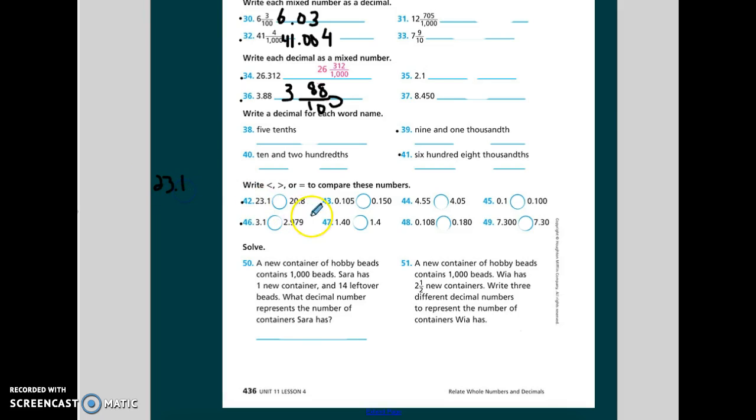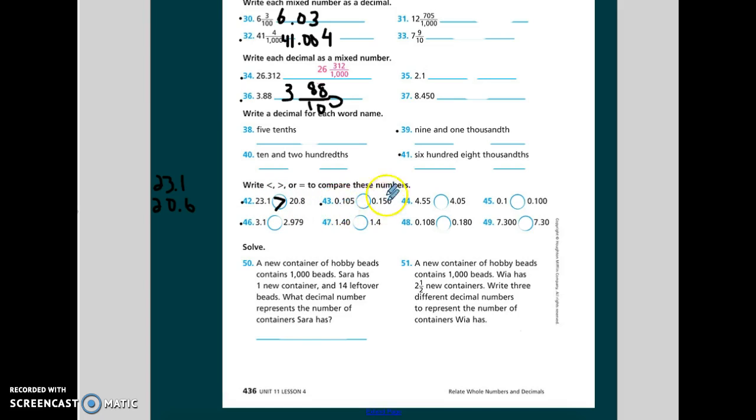Again, I'm going to line them up real carefully, and 20.6. All right. And some people are jumping right away. Mrs. Naslund, I know. But let's just double check. Okay. If I look at the 2's, they're the same. But now I go to the 1's place, and 3 is bigger than 0. So I know that 23.1 is bigger than 20.6.